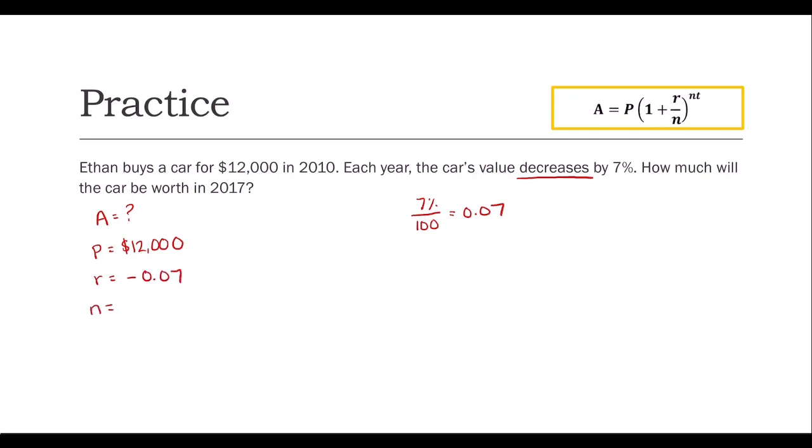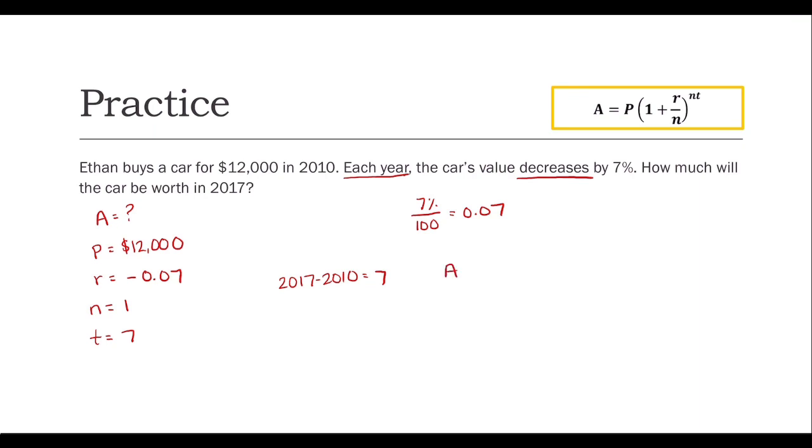N is going to be 1 because the car's value decreases each year by 7%, so it's only happening once every year. And then T is going to be 7, because 2017 minus 2010 is 7. So 7 years have passed.